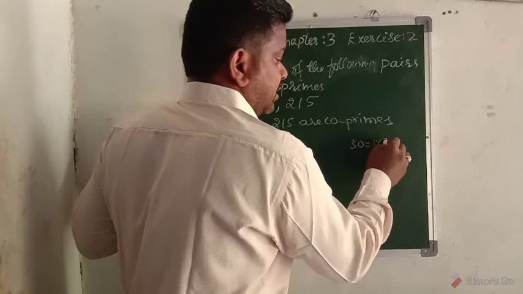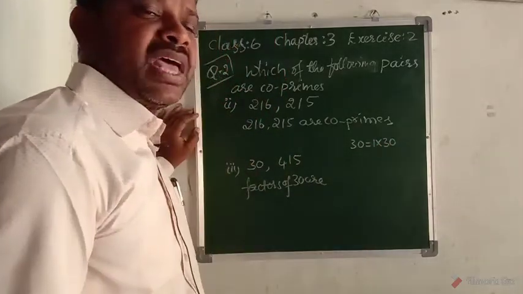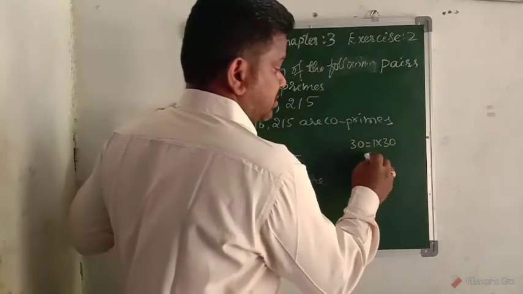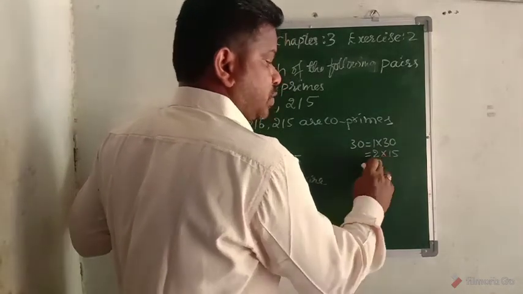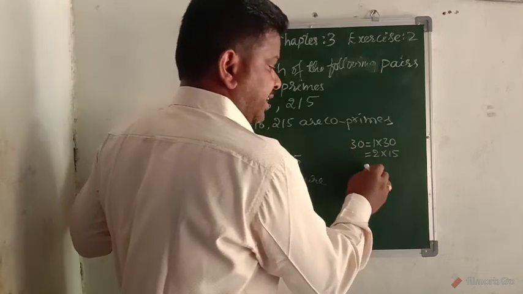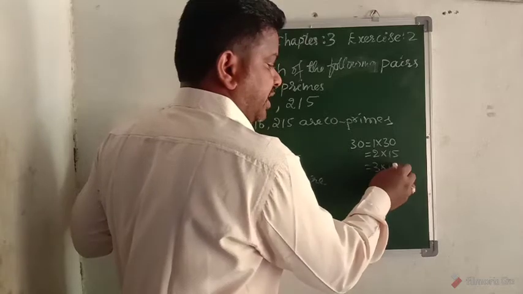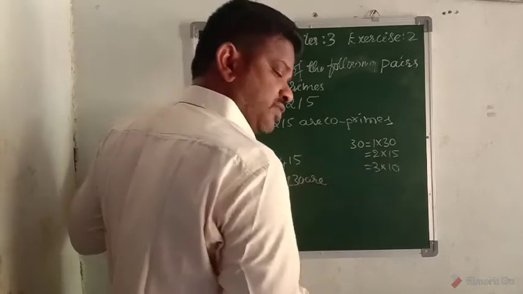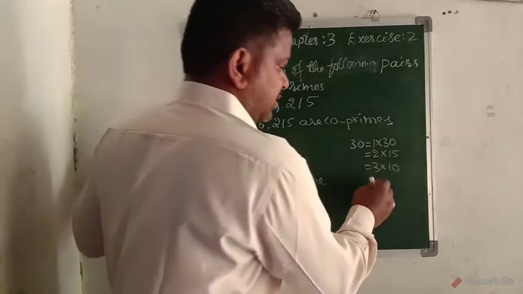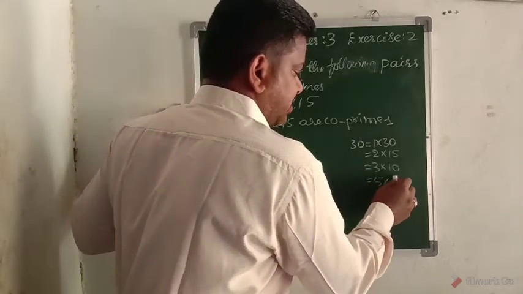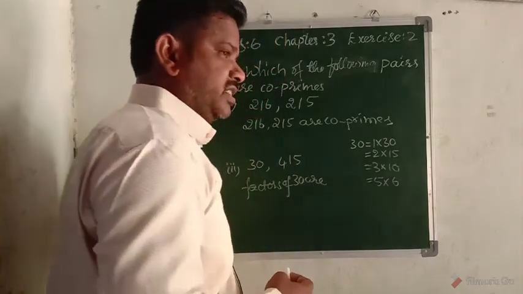1 times 30. We write the factors as pairs. 2 divides 30 fifteen times, 2 times 15, so 2 and 15 are both factors of 30. 3 times 10 is 30, so 3 and 10 are both factors of 30. 4 is not divisible. 5, yes, 5 times 6 is 30. 5 and 6 are both factors of 30.